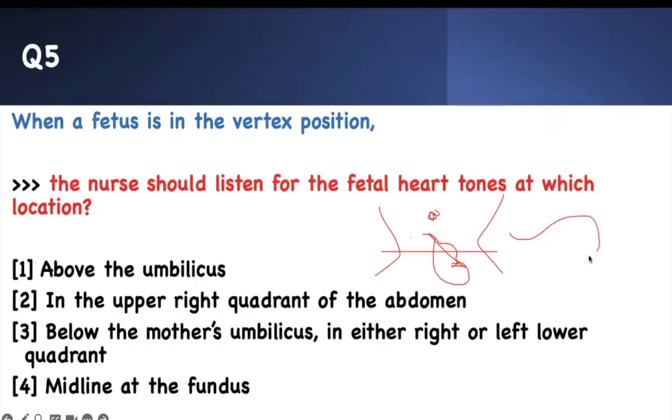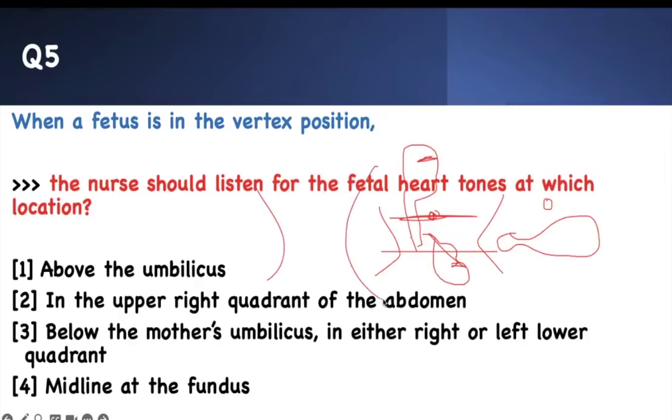The baby can lie down like that and still be below the umbilicus. If the baby is breech, that means the head will be on top like that, above the umbilicus. So the concept is, in vertex position, the head of the baby is below the umbilicus.